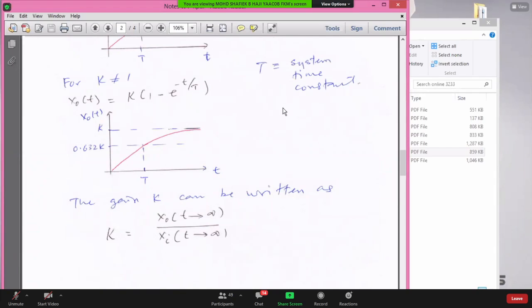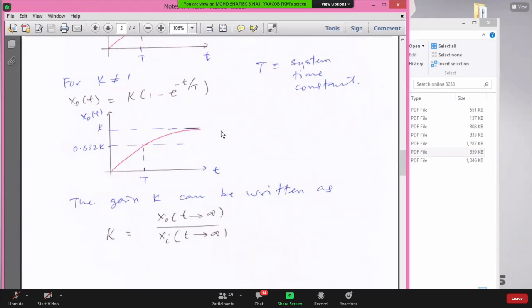So if you identify a system to be a first order system, then the characteristic of the response is going to be exponential. And if you know the value of the time constant and the gain k, regardless of whether the system is a translational mechanical system or a rotational mechanical system, you already have the time response.